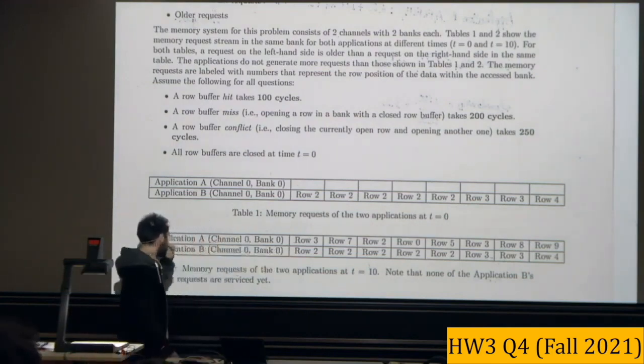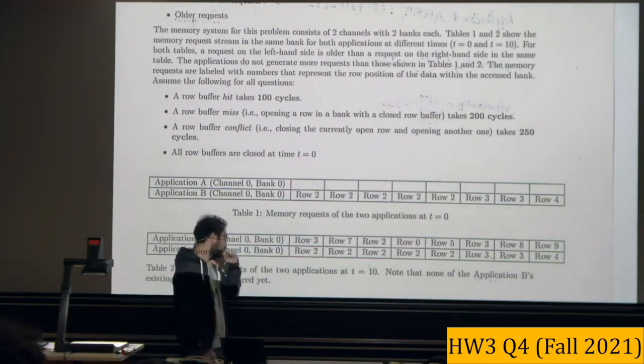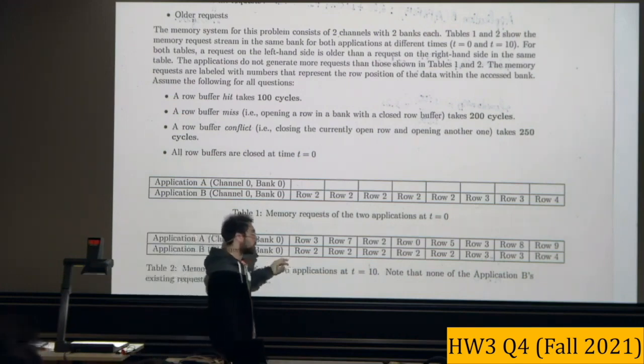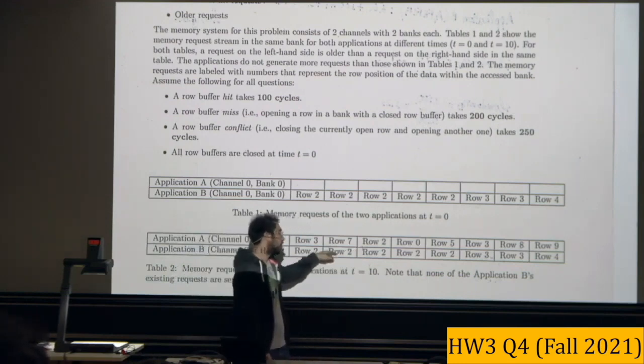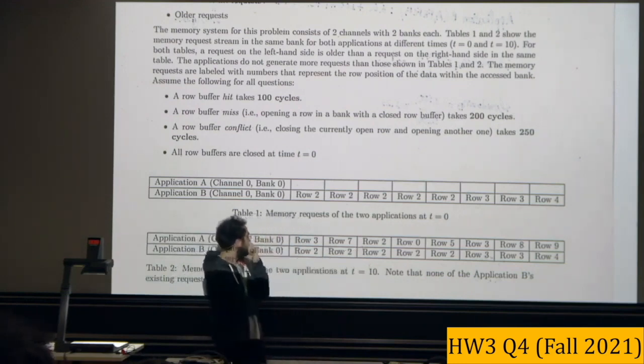So you mean that you have a conflict here, and then you execute row 2. Yep. And so they would both be blacklisted at this point, and then you would go back to B because it's older, and then do all the row buffer hits, and then it would execute as previously. I think this is an edge case. It doesn't matter.